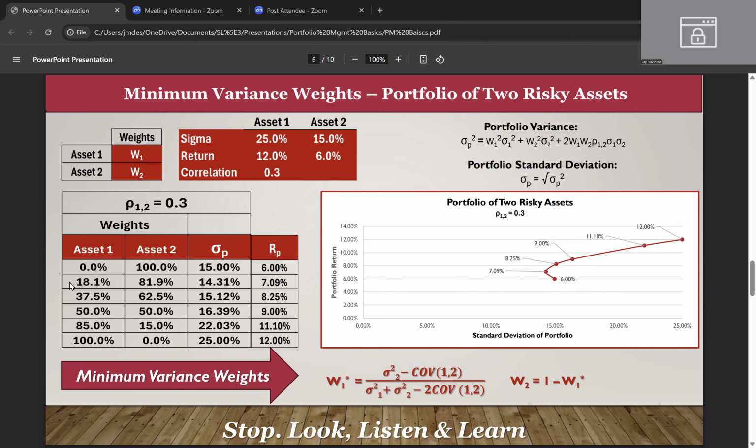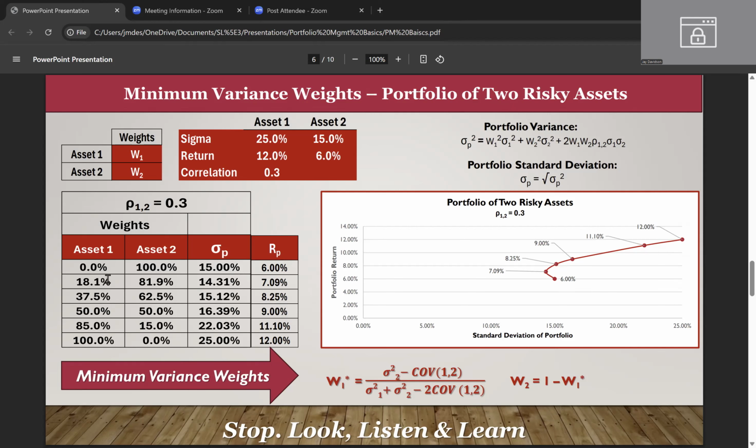But then if you allocate more than 18.1% of the portfolio to asset one, the standard deviation of the portfolio starts to increase, and it increases more and more as you add more and more of asset one to the portfolio.